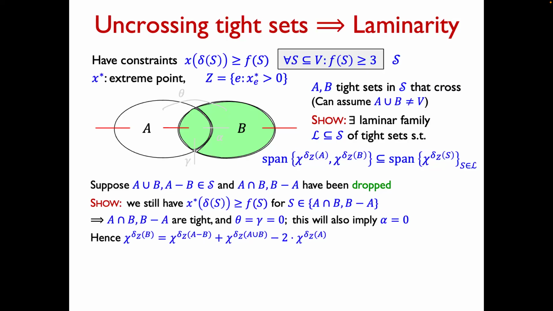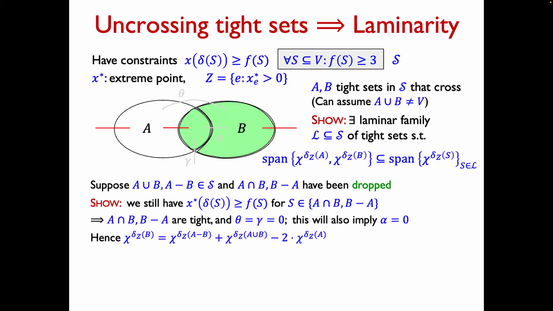Although the cleanest argument to go from here to why you can get this laminar family would be to just say: pick a maximal laminar family of tight linearly independent constraints and then argue that they must span everything. Because if they didn't, then you could pick a set that crosses it, uncross, and add something to your laminar family.